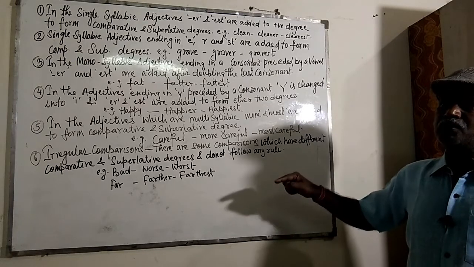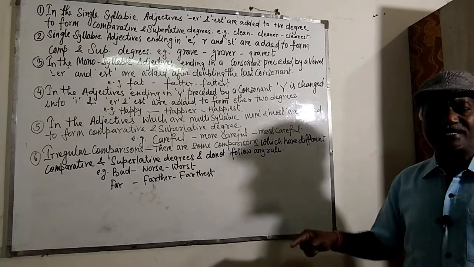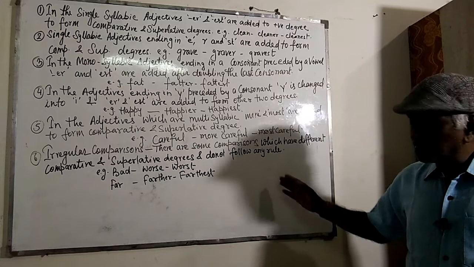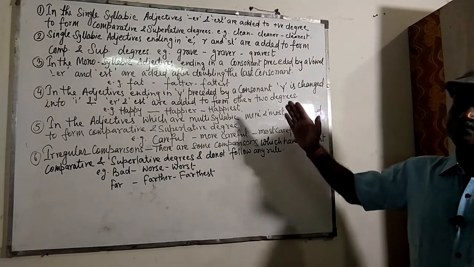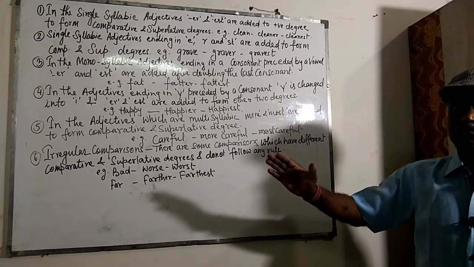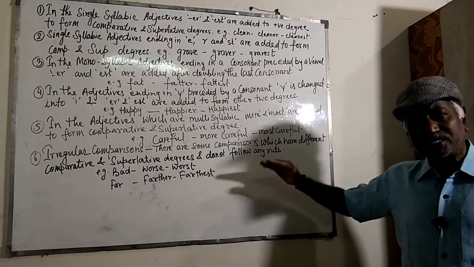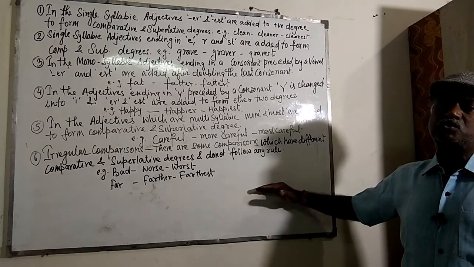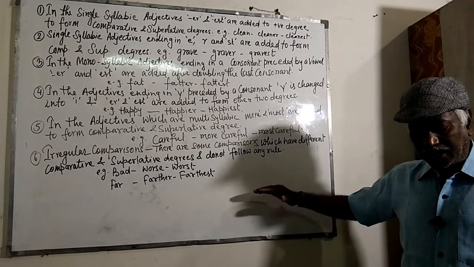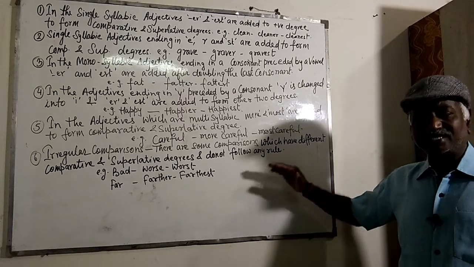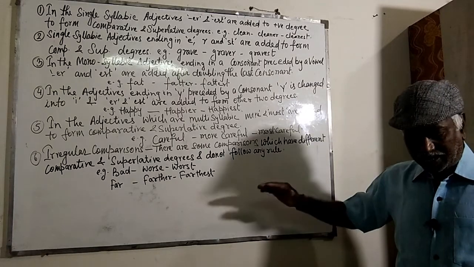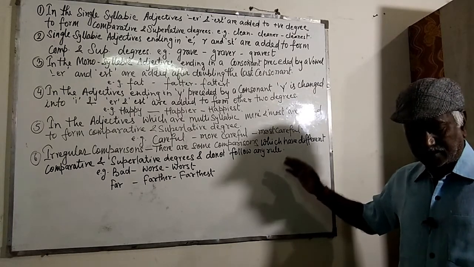My is a possessive adjective here, so the should not be used. Just now I said that before the superlative degree the is used, but where possessive adjectives are used, the should not be used. We say he is my closest friend. That was his last speech. They have done their best.